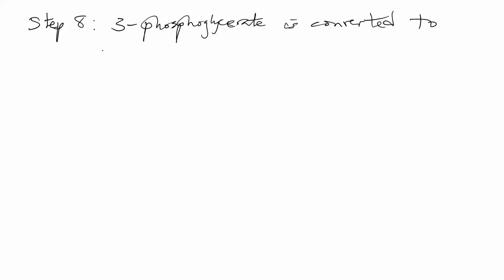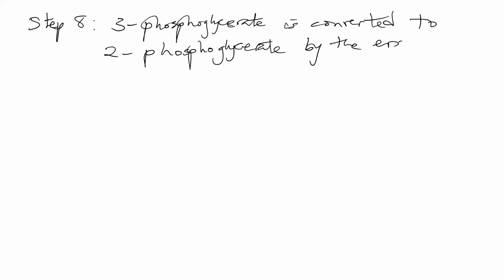So this is converted to 2-phosphoglycerate by the enzyme phosphoglycerate mutase.